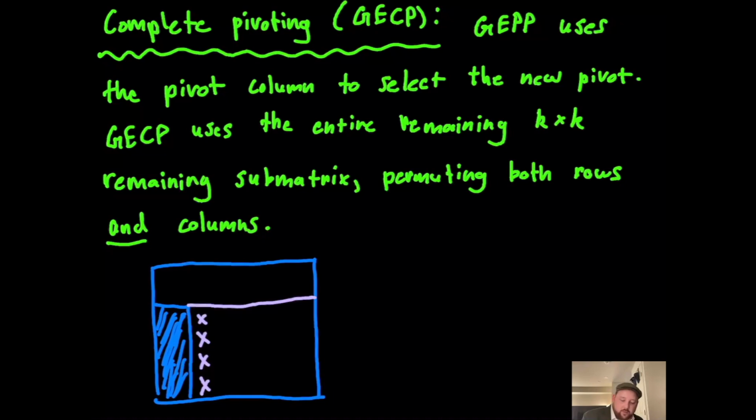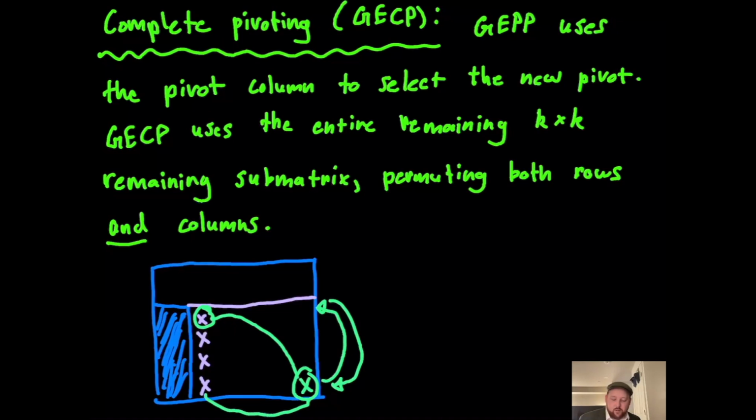Let's say that the largest entry that we find is the bottom right corner. I need to get this entry all the way up into the pivot position. It's got to travel a far distance, but how do we get there? Well, I have to swap this row with this row, but I also have to move the columns too. I have to swap this column with this column.